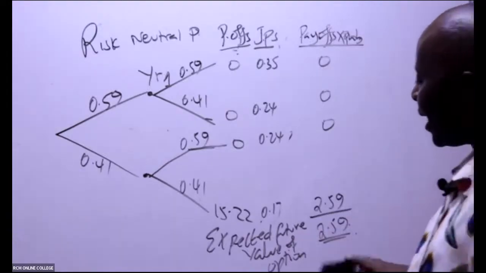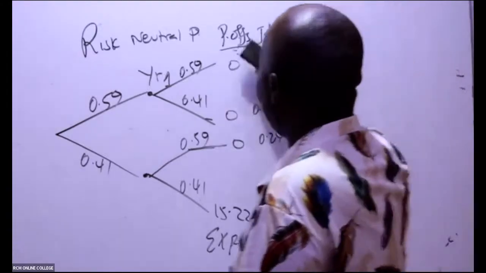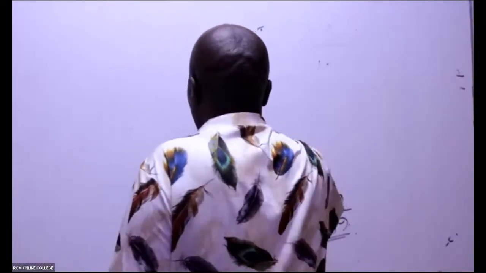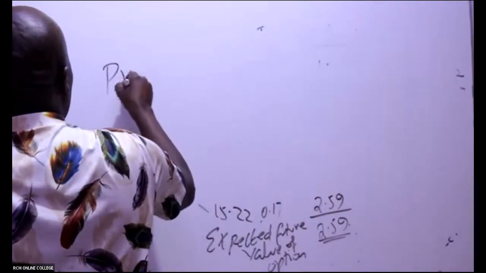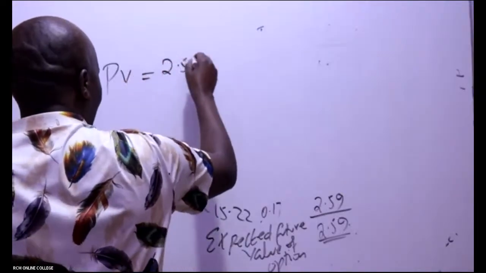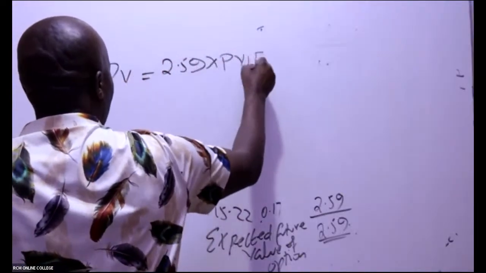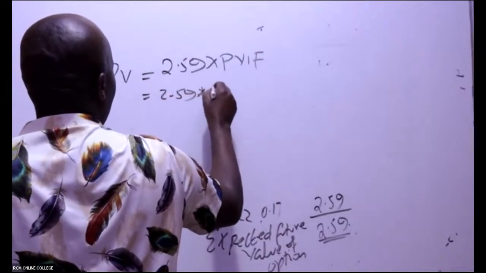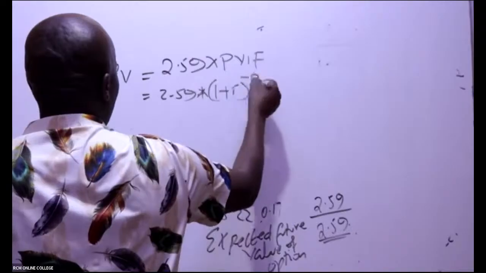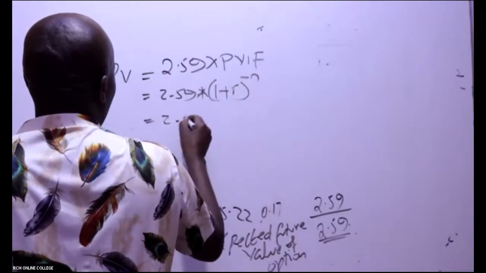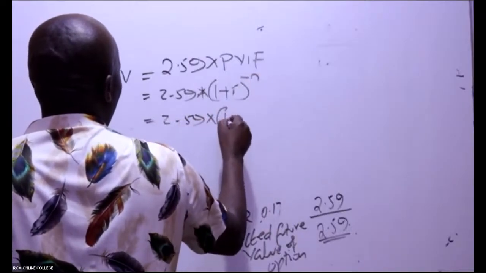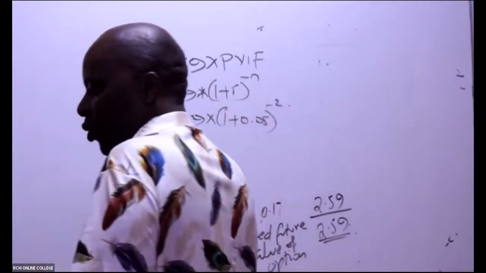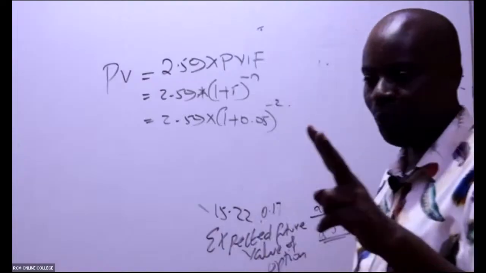That is the last step. To get the present value, take 2.59 times the PVIF. You gave me the PVIF formula as 1 plus R raised to negative n. So this is 2.59 times 1 plus 0.05 raised to negative 2, because it is 2 period.